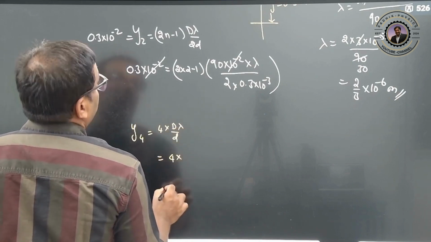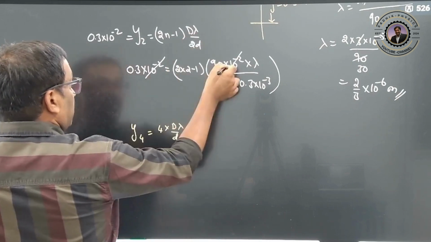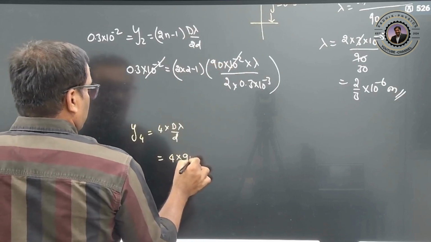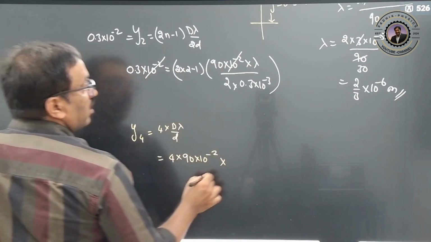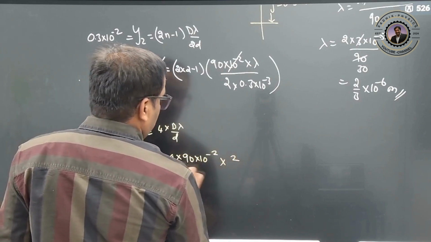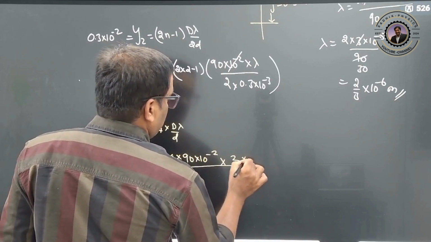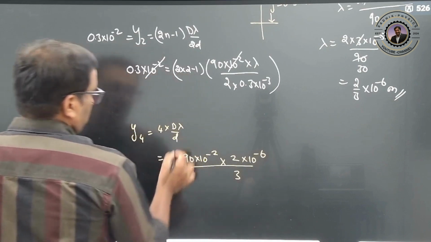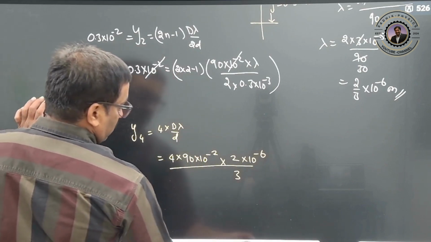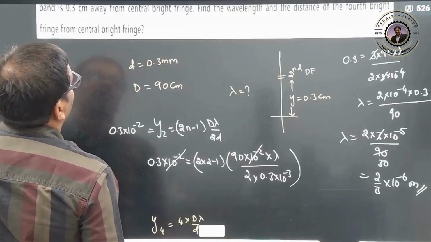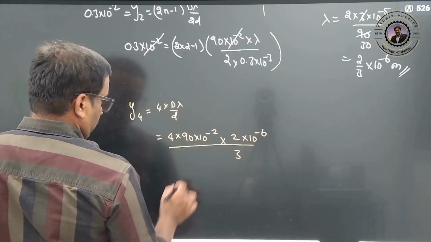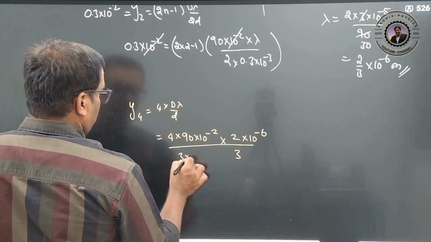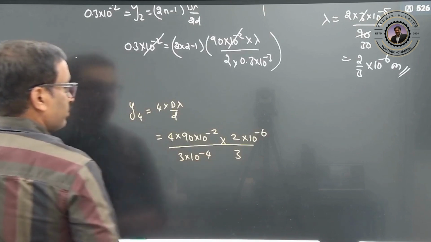D is nothing but 90 centimeter, 90 into 10 to the power of minus 2, into lambda, which is nothing but 2 by 3 into 10 to the power of minus 6. And d is given as 0.3 mm, 3 into 10 to the power of minus 4.